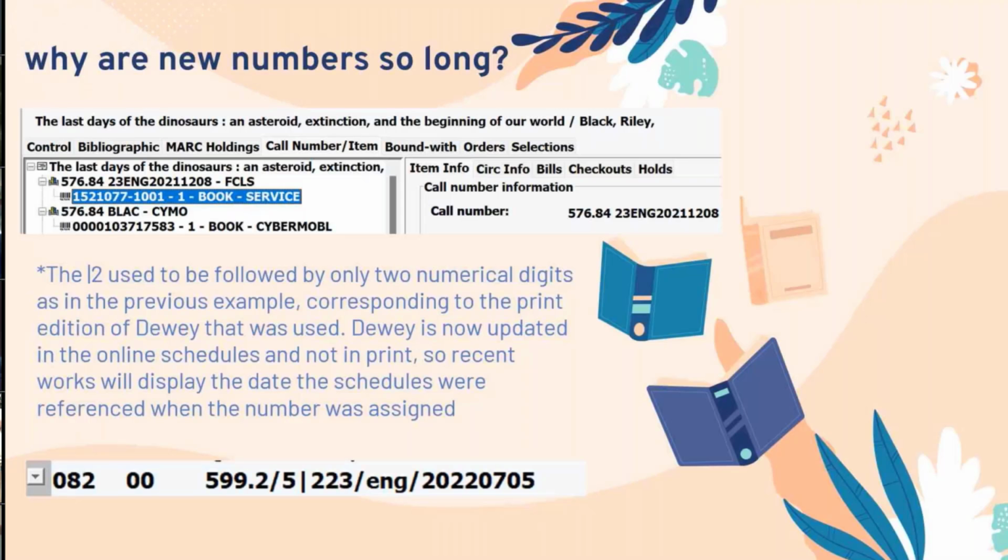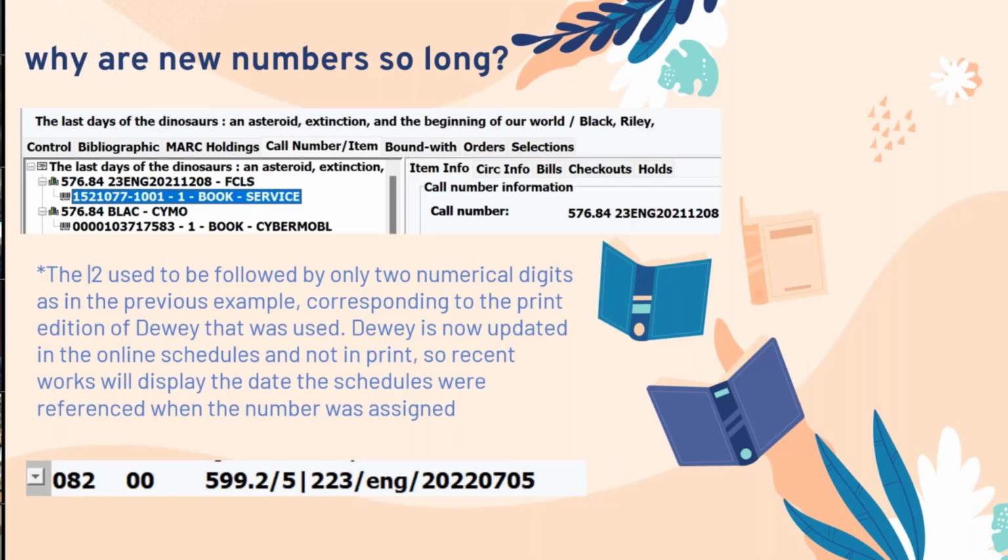And you may have noticed, if you've been paying attention to some of the newer books that have been coming in, they're long now. The dagger 2, as in the previous example, used to be followed by only 2 numerical digits. You'd see delimiter 214, delimiter 222, delimiter 223.